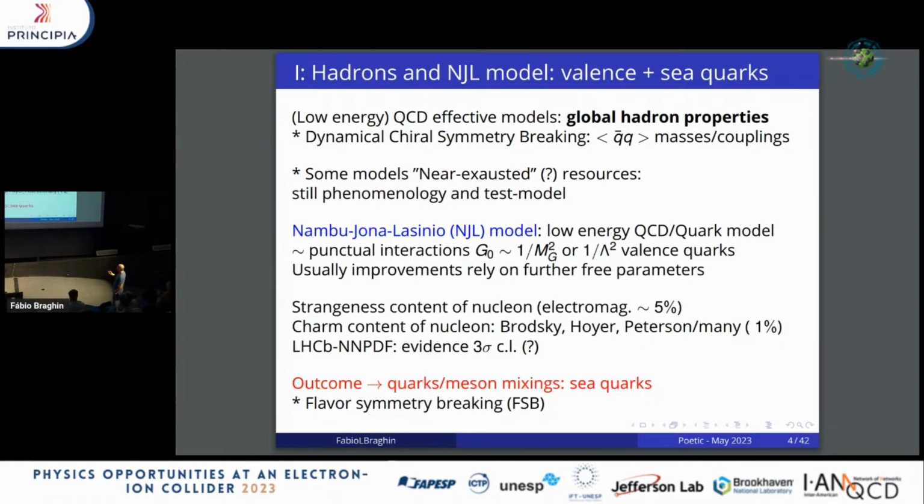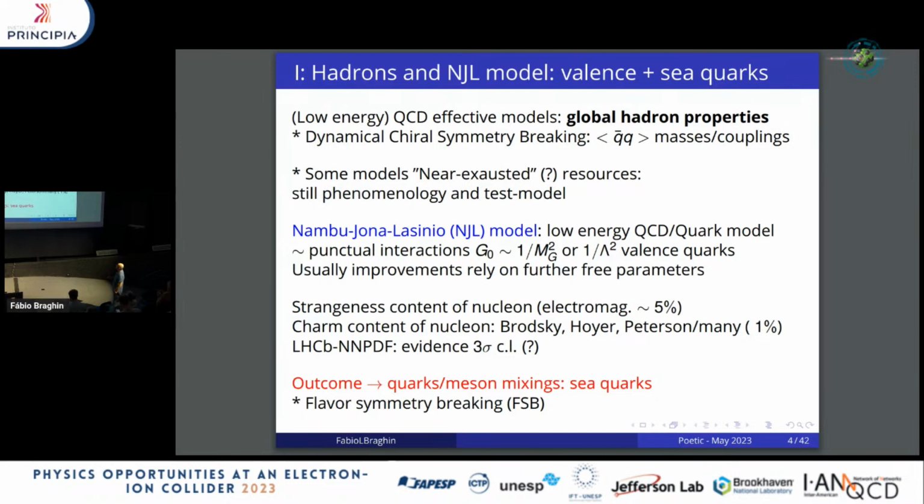We can associate these condensates to these sea quarks that may form a cloud around the valence quark inside a meson. Usually people think that these models have nearly exhausted their resources. In spite of that, I think they are still good for some phenomenology and also as a test model for new scenarios, as I intend to show.